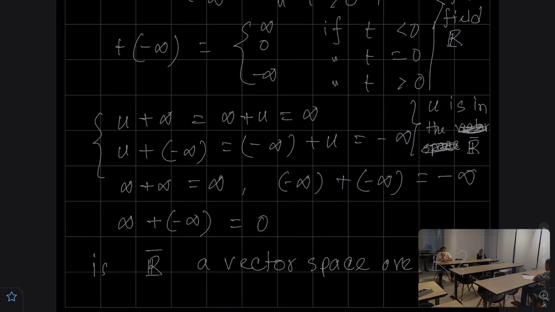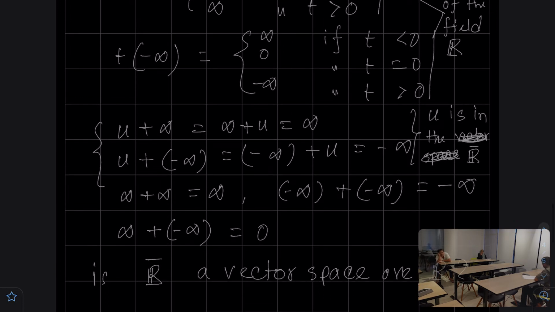And you can show that what you just mentioned is another way to say it. I can write infinity plus minus infinity is equal to 0. Then if I use this, infinity plus minus infinity plus minus infinity is again 0, because this minus infinity I can replace by this.